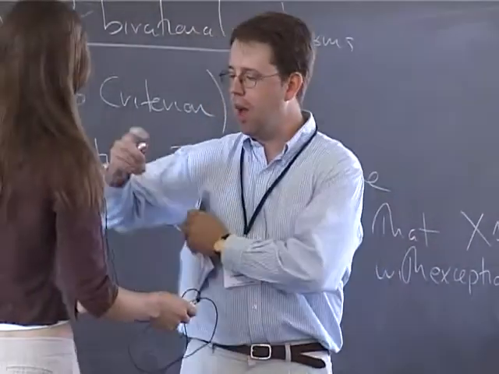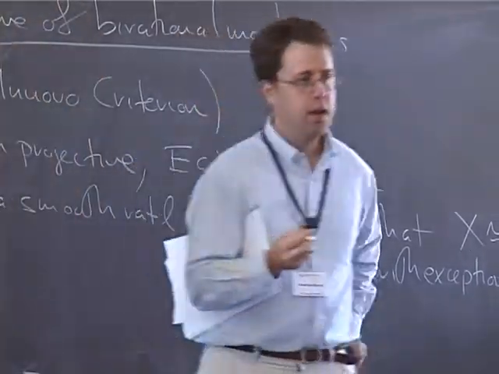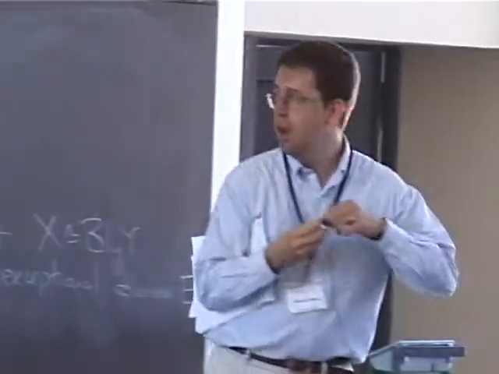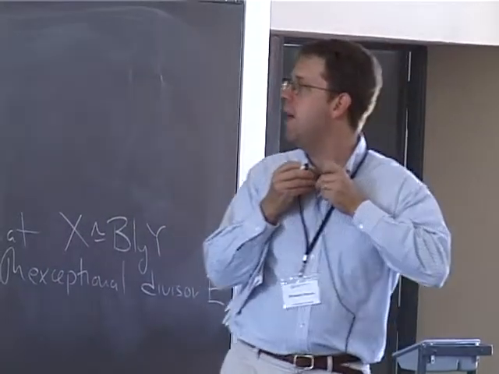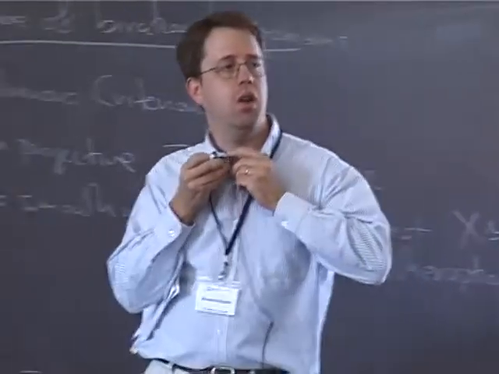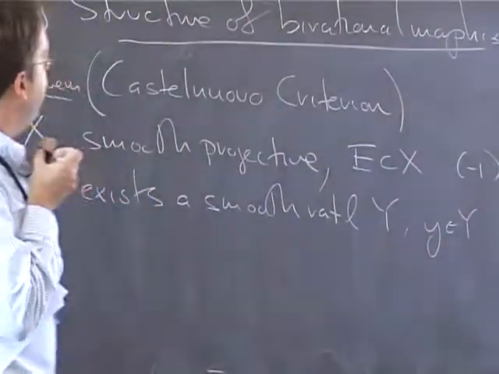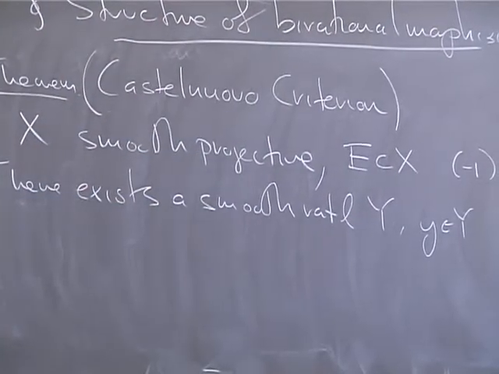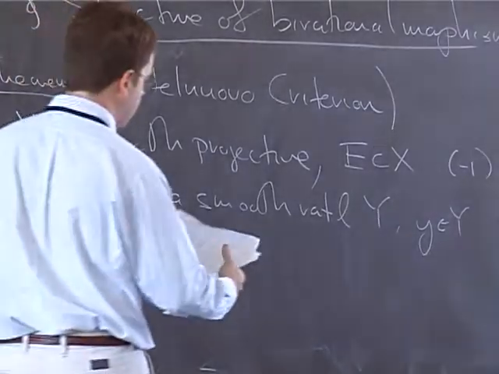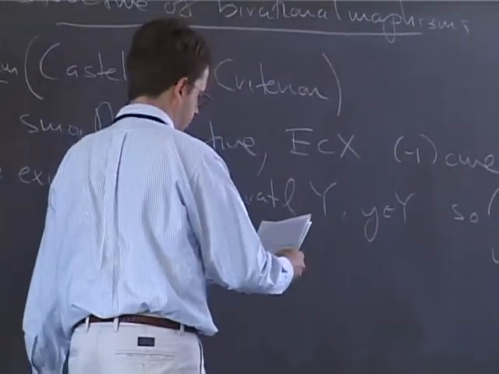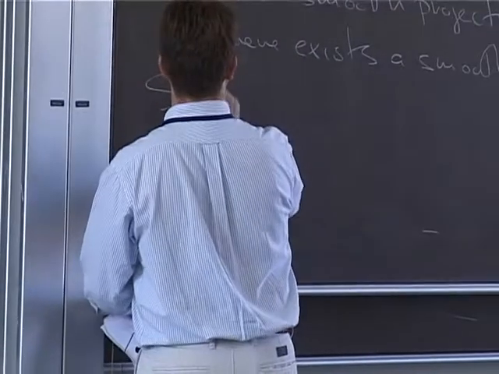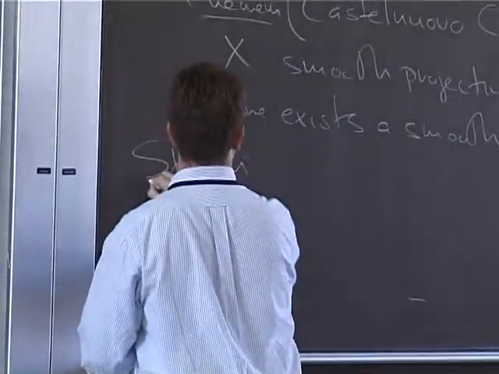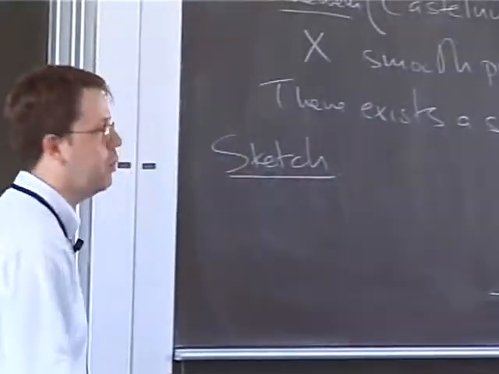actually comes from blowing up. So this tells you why -1 curves are so crucial. They always come from blow-ups. So let me sketch why this is true. This is a really crude sketch.